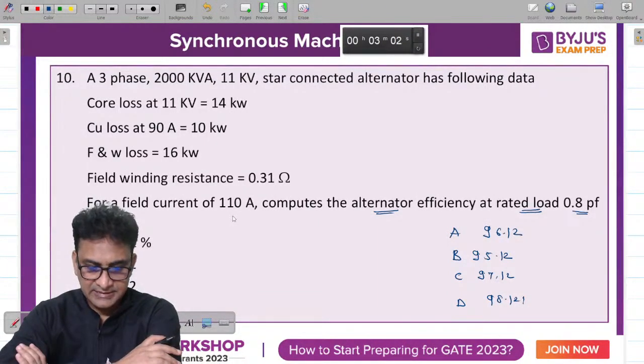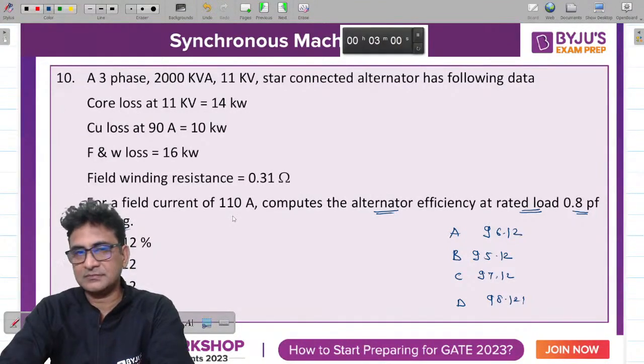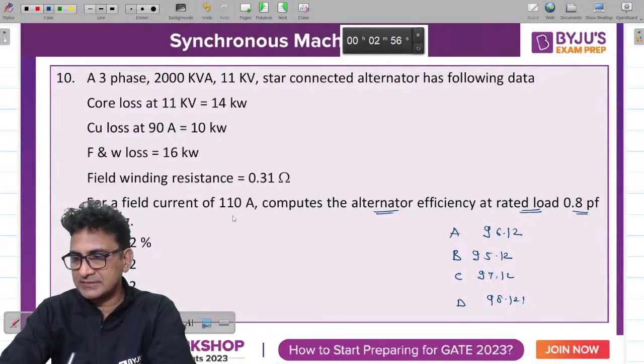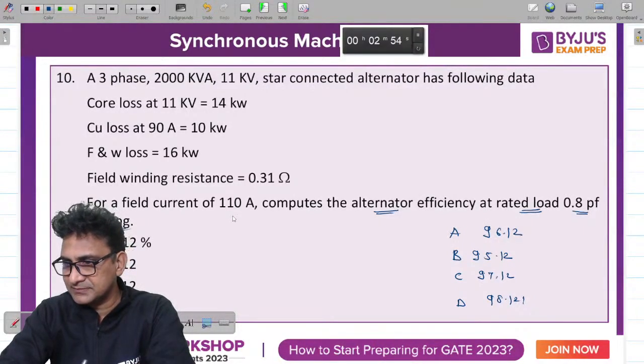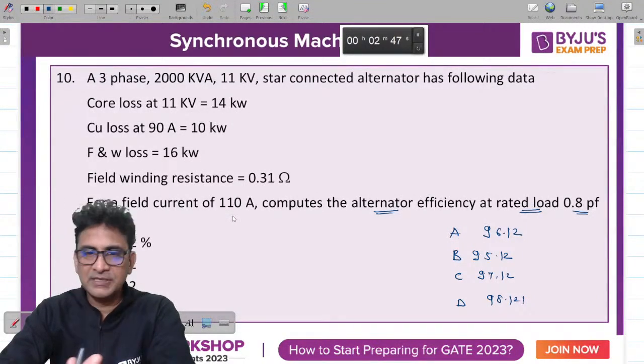C 97.12. As per Prakash, C is the correct answer. Thank you. Yes.